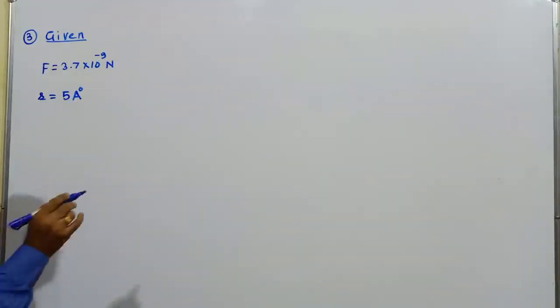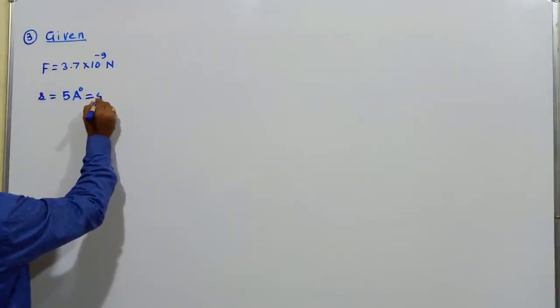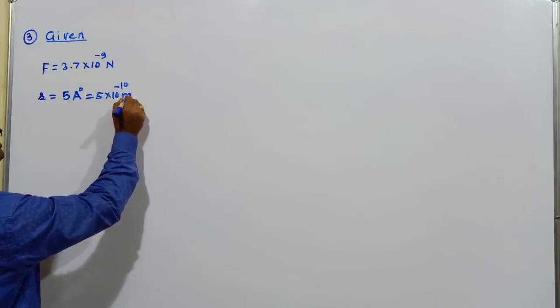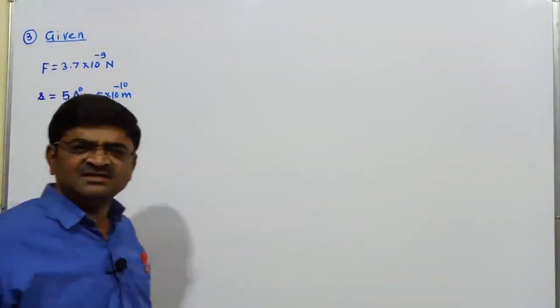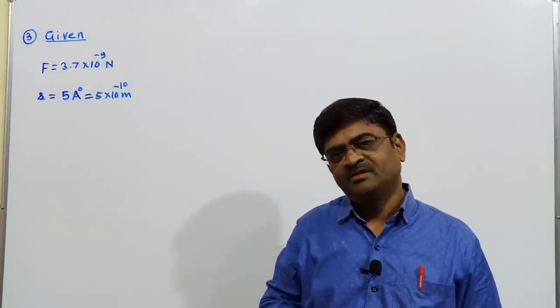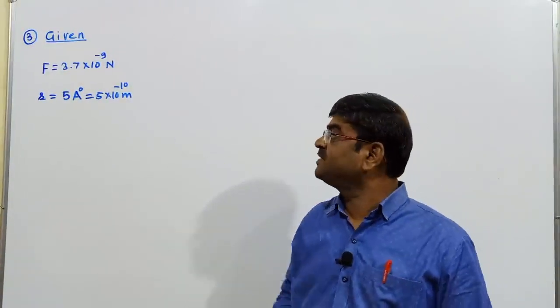1 angstrom is how much? 10 to the power minus 10 meter. So that separation is given in angstrom unit, and you all know 1 angstrom is 10 to the power minus 10.